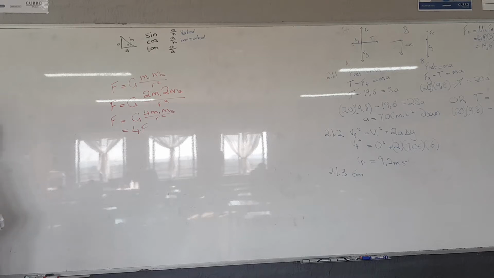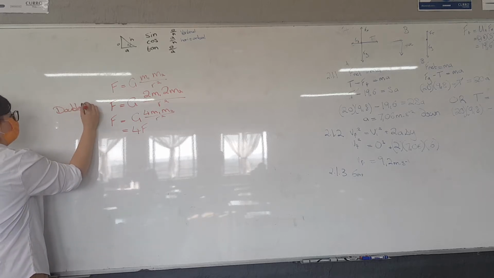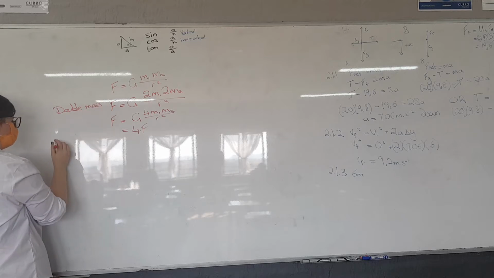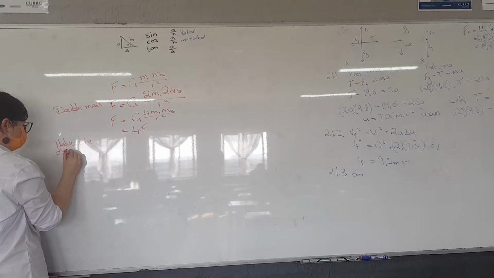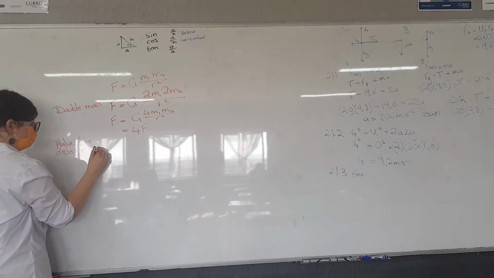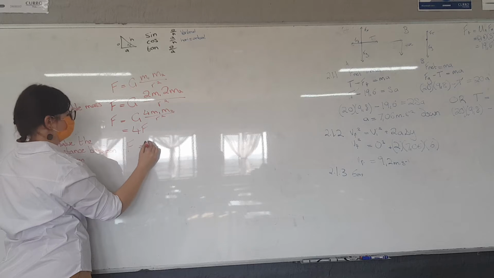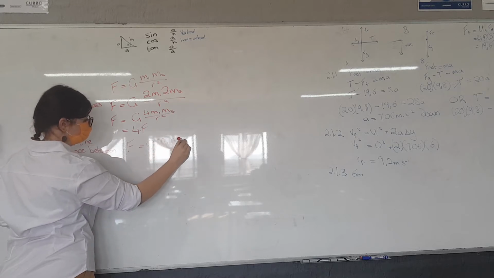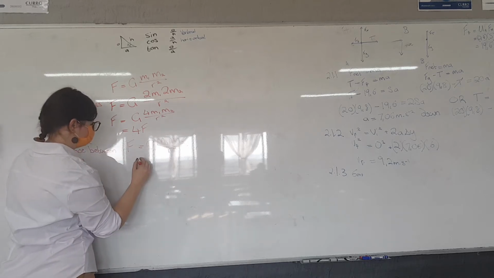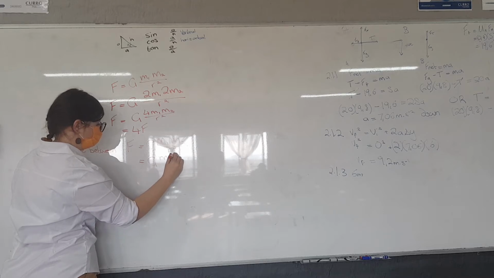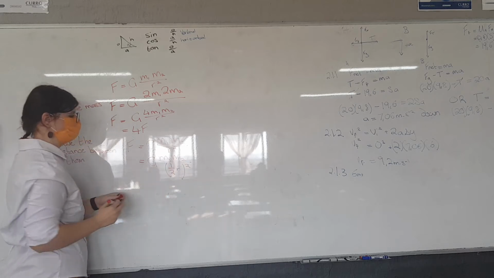Alright. So now, this is double the mass. If I halve the distance between them, I'm going to use my same formula. F is equal to G M1 M2 over R squared. So I'm going to halve the distance between them, so G M1 M2 over half R squared.